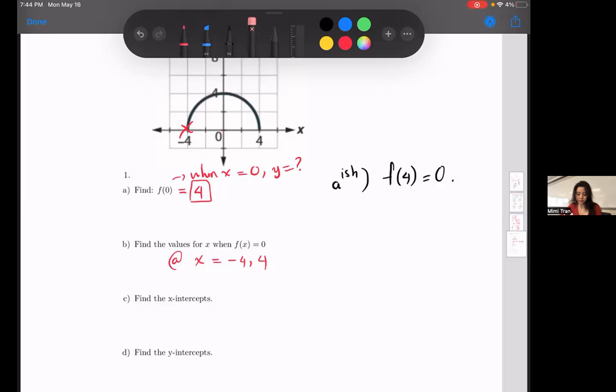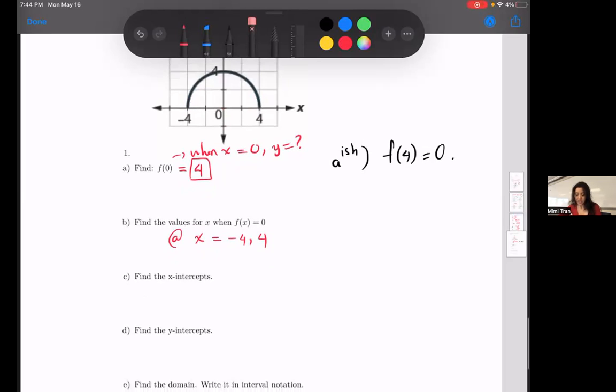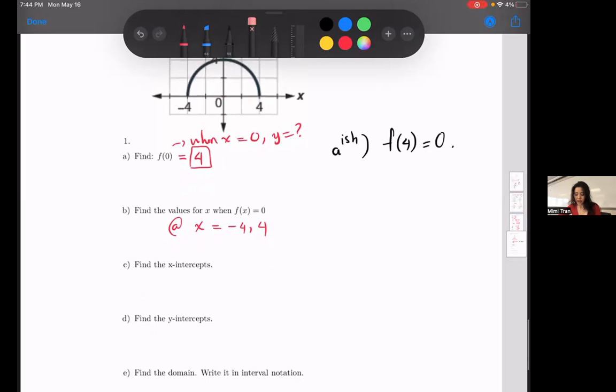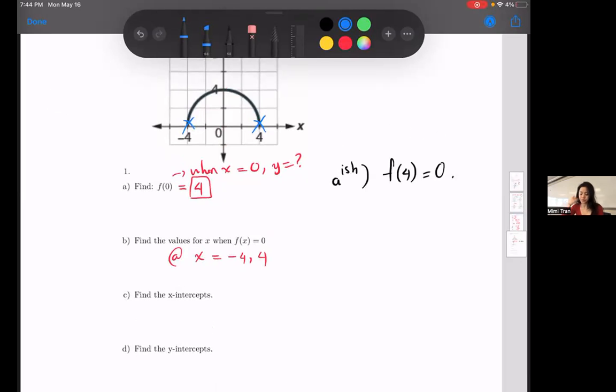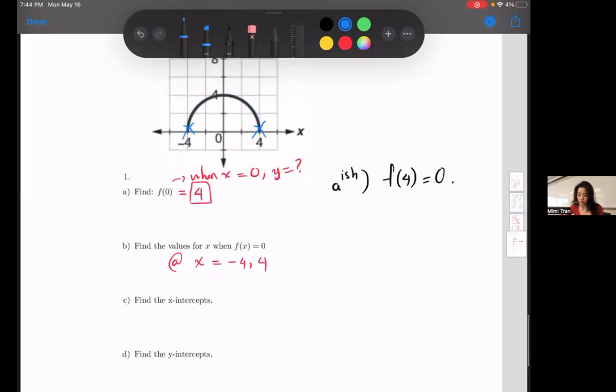Okay. Find the x-intercept. The x-intercept is where the function cuts the x-axis. It cuts the x-axis right here and right here. Now I want you to write it as a point.